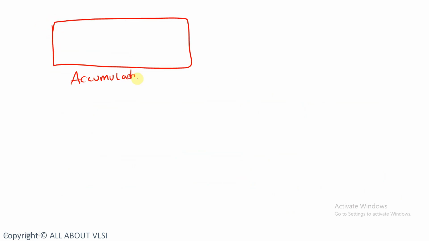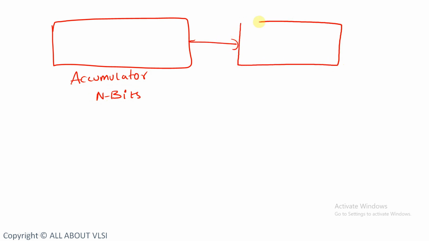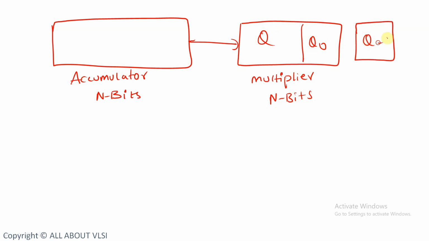an accumulator, and it is of n bits, and from this n bits we are going to have a multiplier unit. It is also n bits. So the multiplier has n number of bits, and this q naught and q minus 1 we are going to compare, and we will have one control unit.